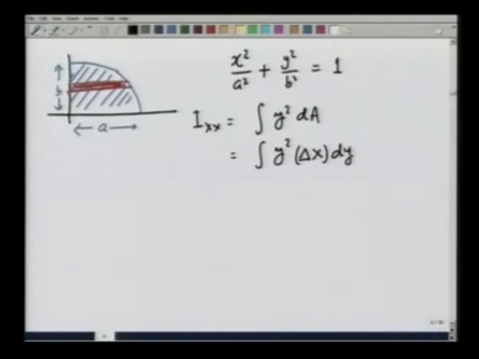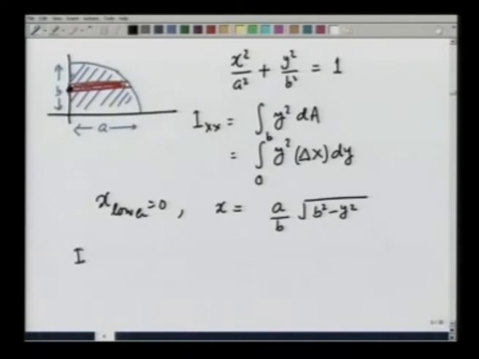My job is to calculate delta x, and y varies from 0 to b. From the equation, x lower is 0, that is this point, and I also know from the equation of the ellipse that x is equal to a over b, square root of b square minus y square.